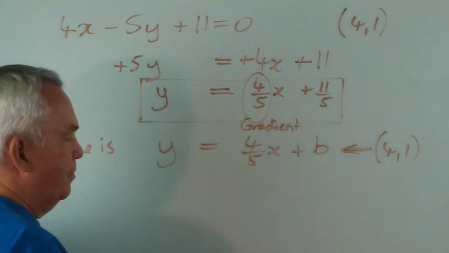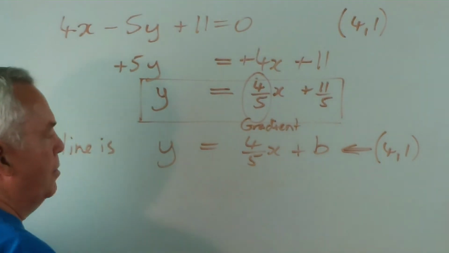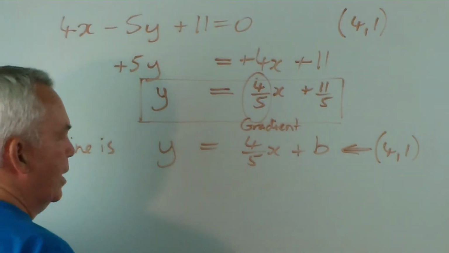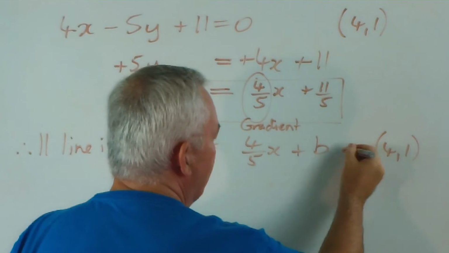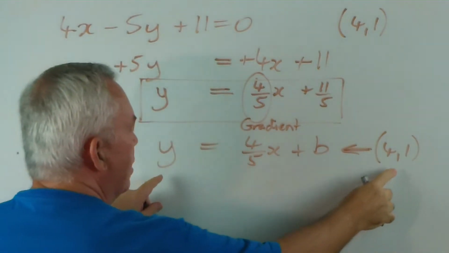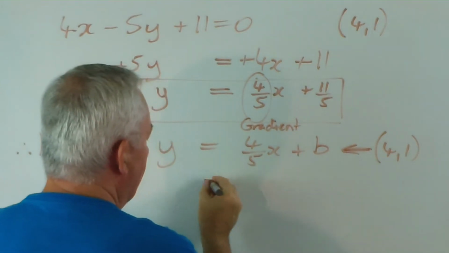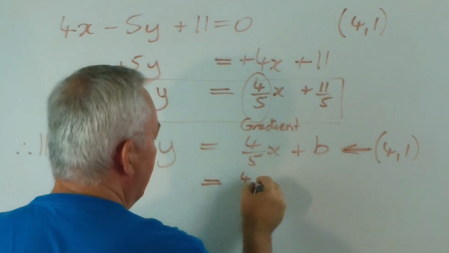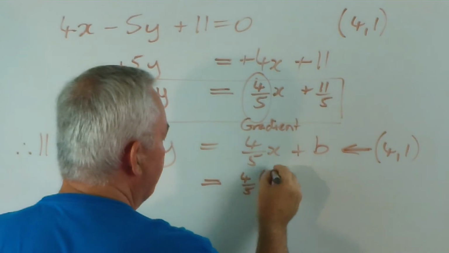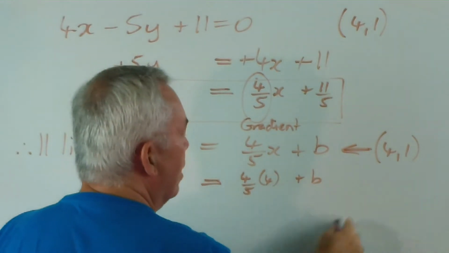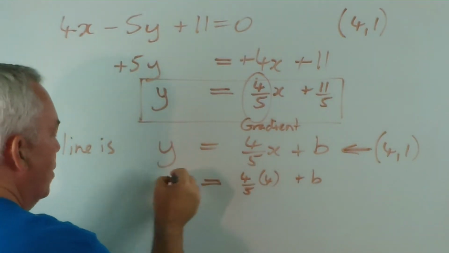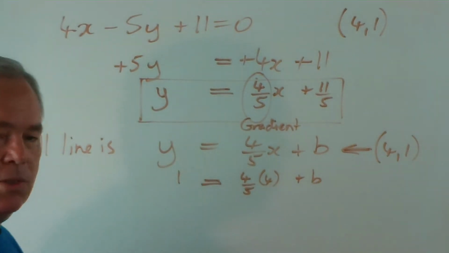Let's do that. I haven't got a lot of room, so I'm going to do some steps simultaneously. If x is worth 4, that's what goes here, so let's write that in. 4/5 of 4 plus b. And if y is worth 1, we put that in here. And we've got to solve that.